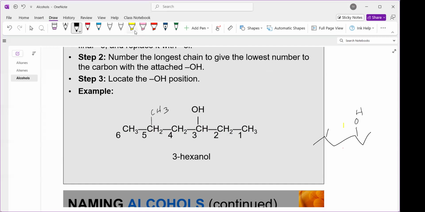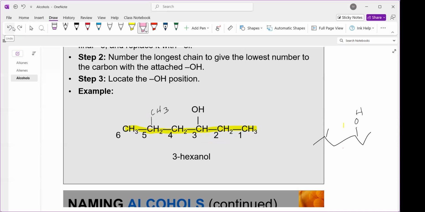In this case, it's going to be that there, or that. Either one of those are legal carbon backbones. Both of them contain the functional group. Okay, so let's use the yellow one and let's name that guy.